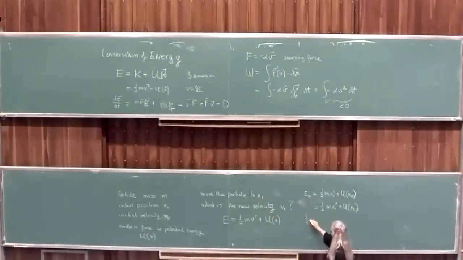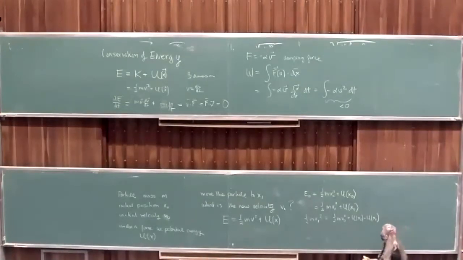So 1/2 m V1 squared is equal to the initial energy minus U of x1. Now divide both sides by 1/2 m, which gives 2 over m times that. And then V1 is just the square root of that.